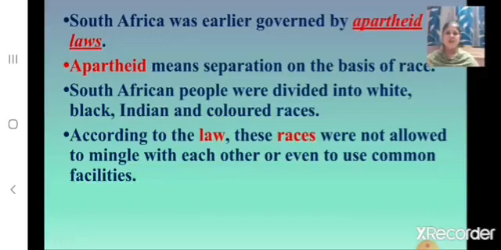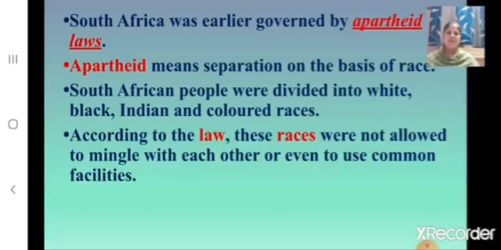Children, what do you mean by apartheid? Apartheid means separation on the basis of race. That means the South African people were divided into white, black, Indian and colored races. And according to the law, these races were not allowed to mingle with each other or even to use common facilities.